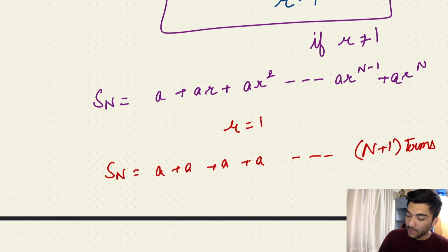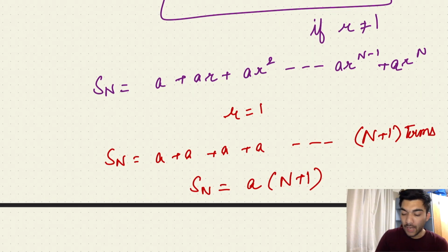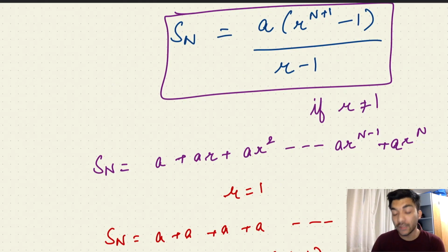There would be n plus 1 terms because we are starting from a and ending at ar to the power n. So in this case, our S of n will simply be a times n plus 1, because we are adding a, n plus 1 times. That's it. Now we have a clear expression for the sum of a geometric series.